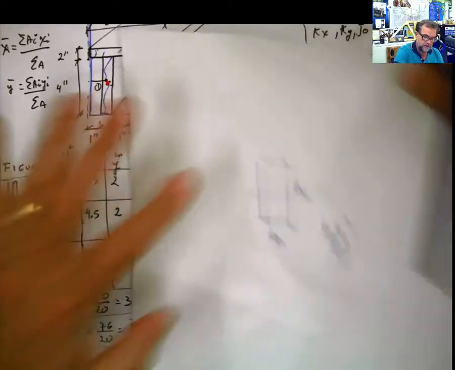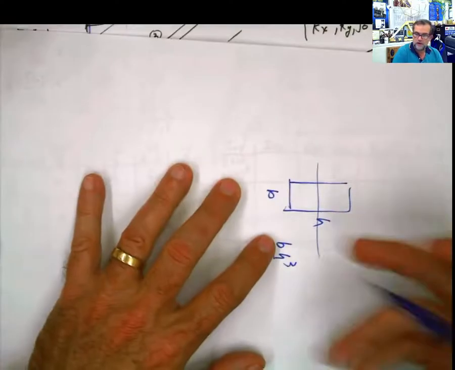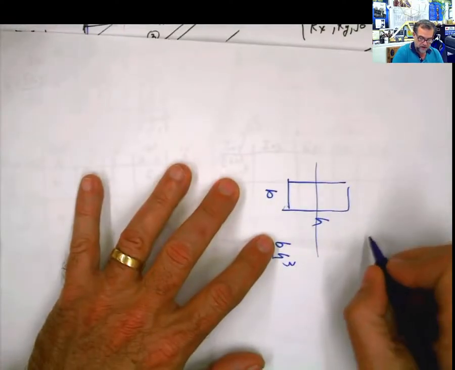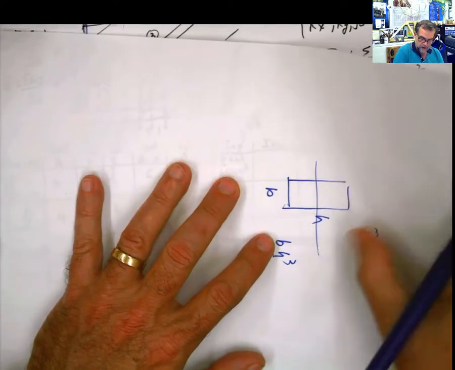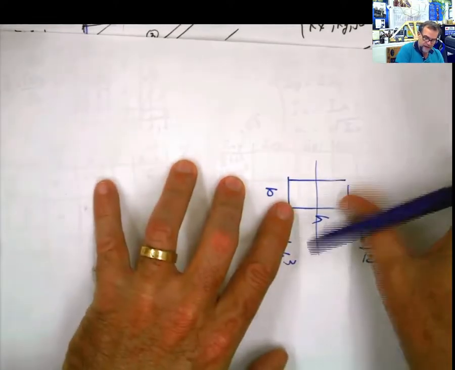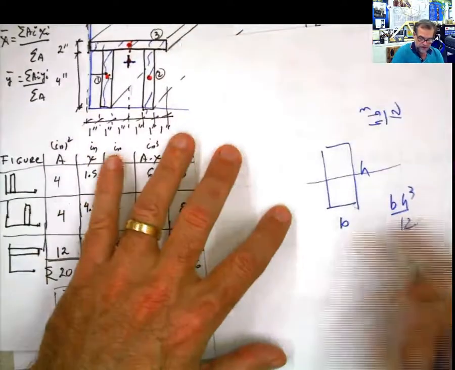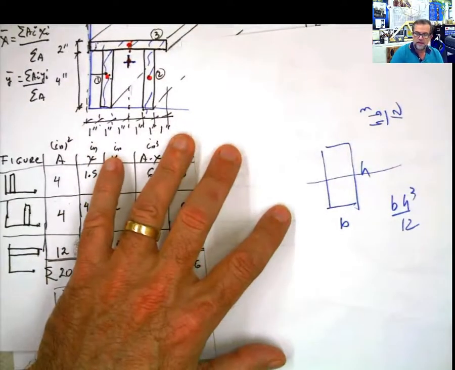But if I just rotate the axis, it's going to be hb cubed divided by 12, because now h becomes the base and b becomes the height. It's like rotating the axis, with respect to x, with respect to y.